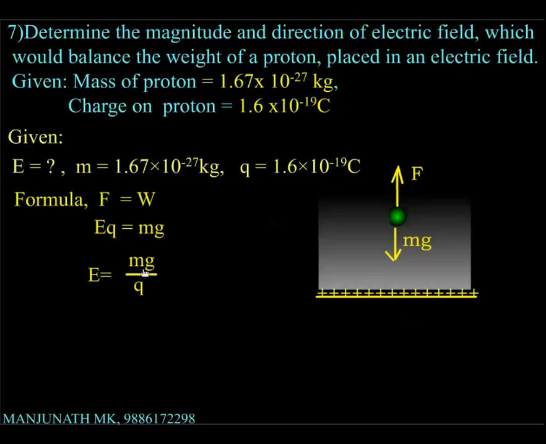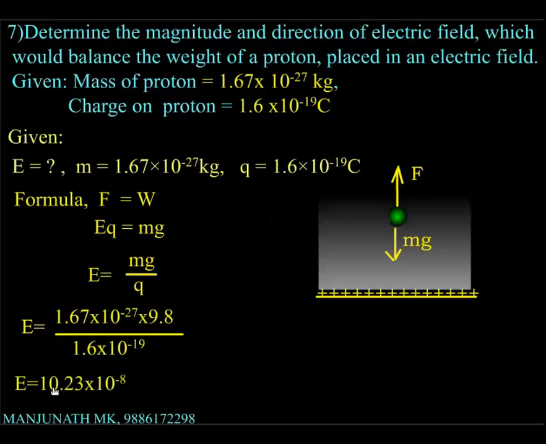So substitute for m, g and Q. So m is 1.67 into 10 to the power of minus 27. Of course g we know is 9.8. Charge on the proton is 1.6 into 10 to the power of minus 19. This can be calculated by using a simple calculator, and we get this much, 10.23 into 10 to the power of minus 8.